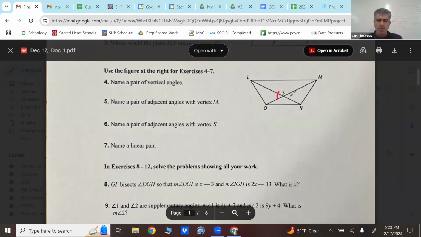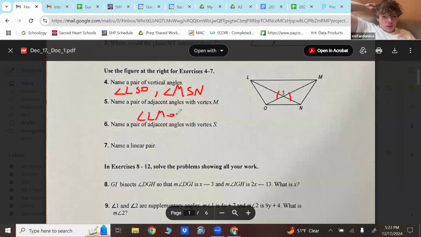That's pretty obvious to call those vertical angles. An angle MSN. Adjacent angles, so like LMO.